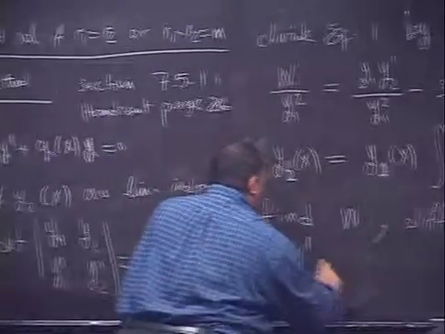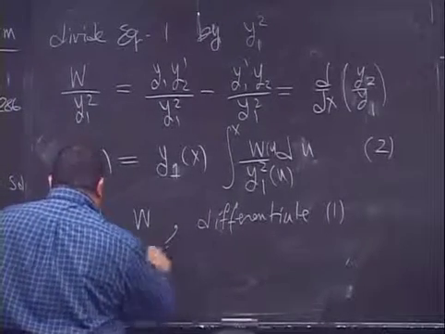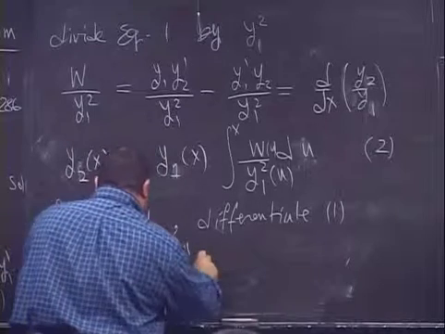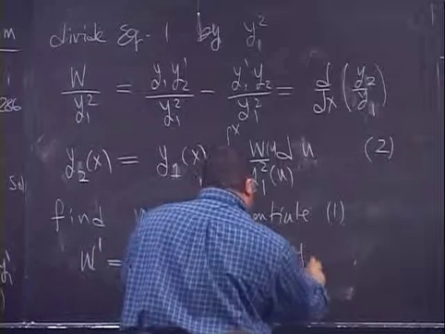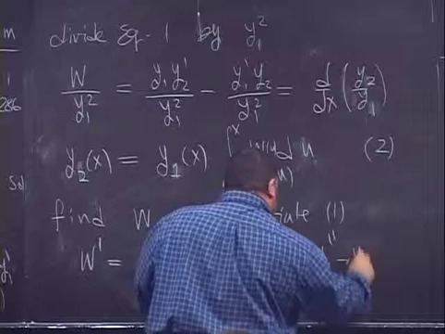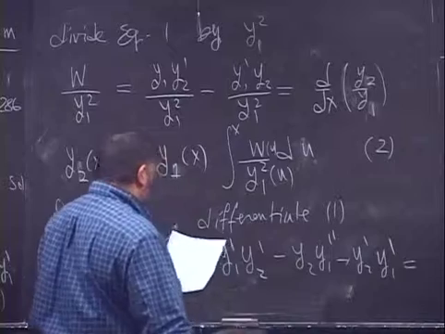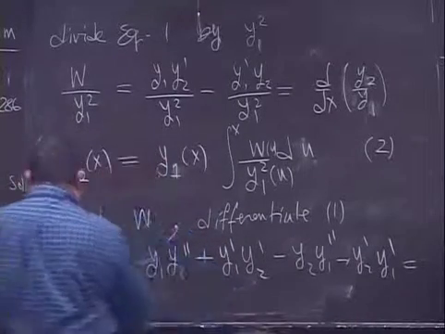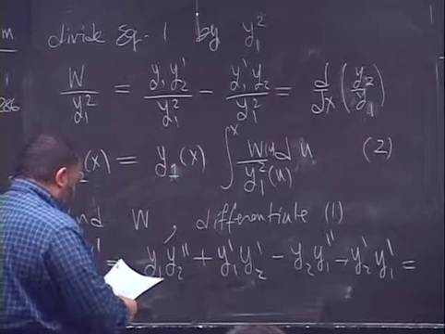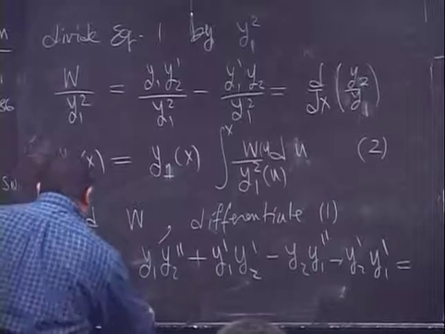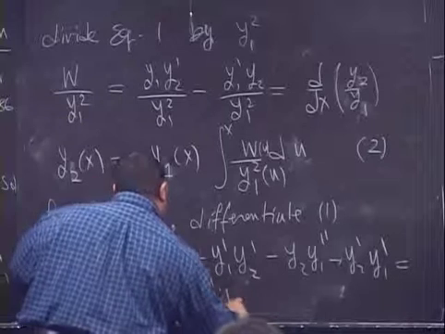So omega prime equals y1 y2 double prime plus y1 prime y2 prime minus y2 y1 double prime minus y2 prime y1 prime, and this is just equal to y1 y2 double prime minus y1 double prime y2.